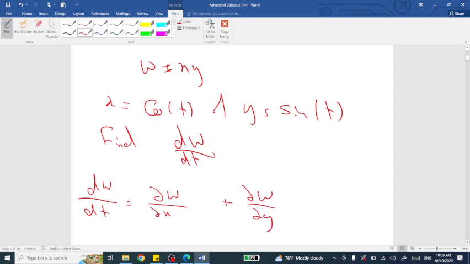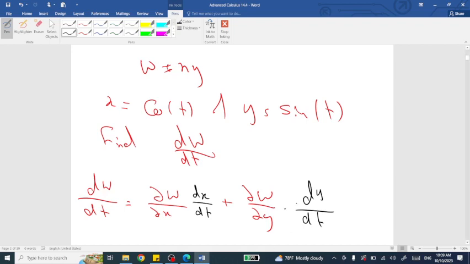Am I right? I know x is a function of t alone, and y is a function of t alone. Clear? Then combine all these together and you will get dw over dt. I think it's easy. I'm not going to solve it for you.